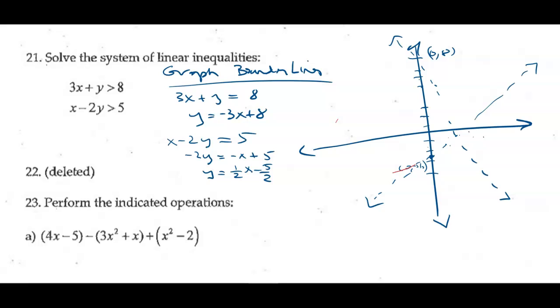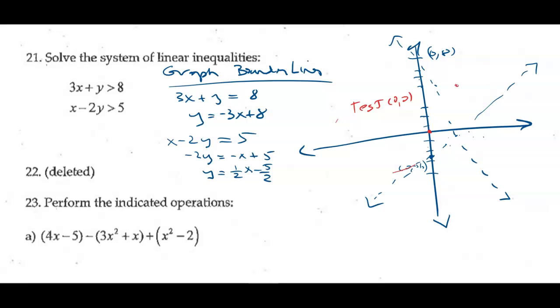You have to pick test points and determine which region is correct. So, let's first test a point in this region. I'm going to pick the easiest point, 0, 0. You come back to the original inequality, right? If I test 0, 0, I get 0 plus 0. Is 0 plus 0 greater than 8? Nope, that region doesn't work. We can get rid of that region. Go around. Let's pick a point over here, something that's obviously in this region.